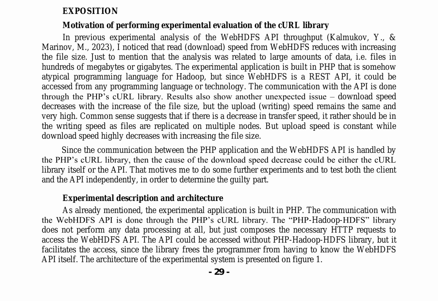The experimental system architecture is presented in Figure 1, which illustrates the communication between the PHP application, the PHP Hadoop HDFS library, and the Web HDFS API. The experimental analysis aims to determine the performance and throughput of the cURL library and the Web HDFS API, independently and separately, to identify the cause of the decrease in download speed.